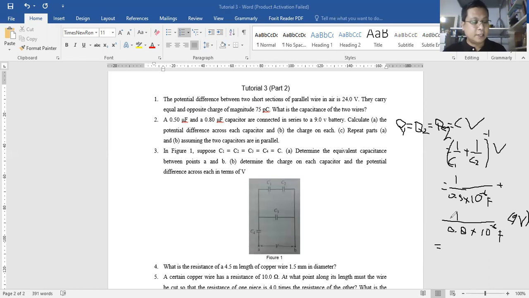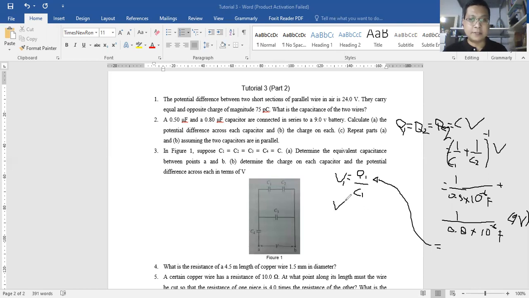So now we go back to question number A. The question is how to calculate the voltage V1. What happened in the condition for wire 1? So we can calculate using this one.